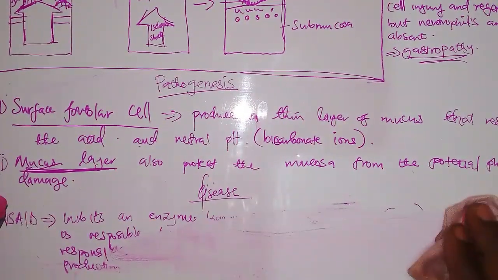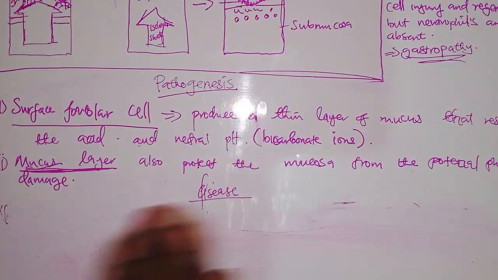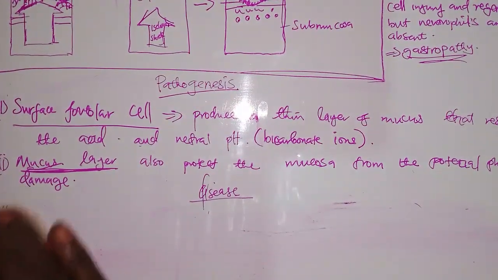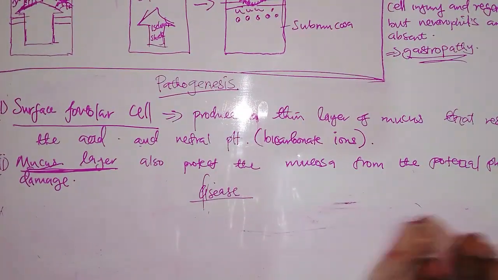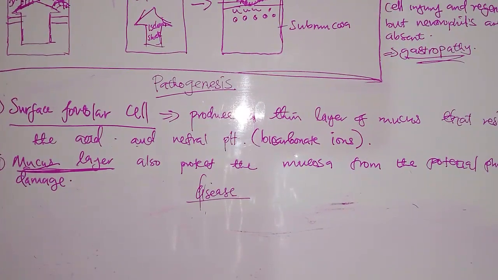When you are talking about a patient with a bacteria known as Helicobacter pylori, we know that this bacteria has a lot of virulence factors which enable it to cause gastritis.